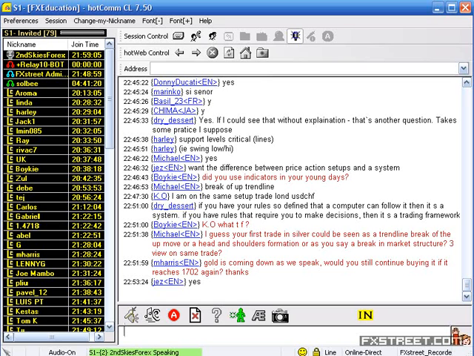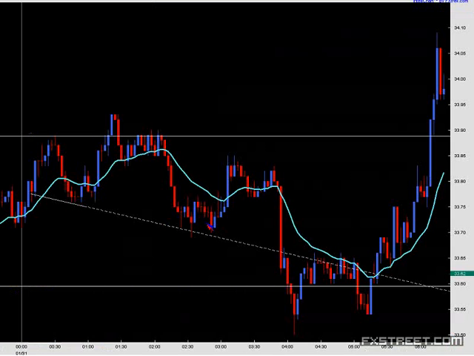Michael says, I guess your first trade in silver could be seen as a trend line break of the up move or a head and shoulder formation. I don't look at it as a head and shoulder formation. If it was, I would need to be drawing this line now, wouldn't I? But that's not what I was doing. I didn't care about this low right here, and I didn't care about this low in relationship to this low.